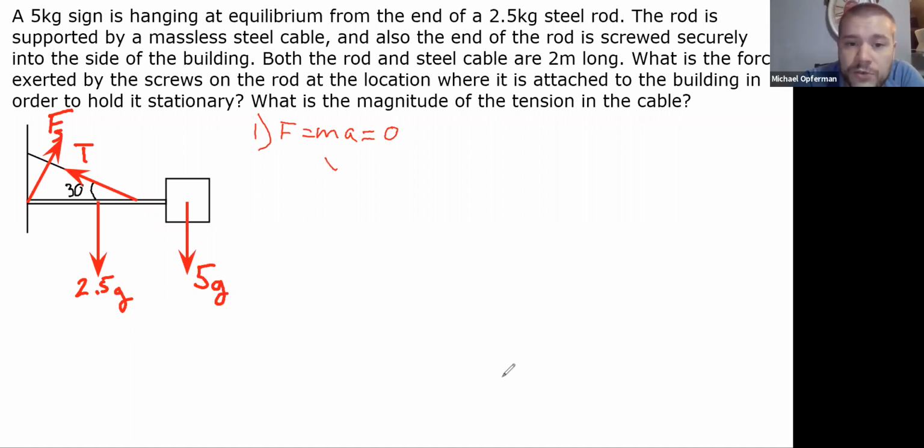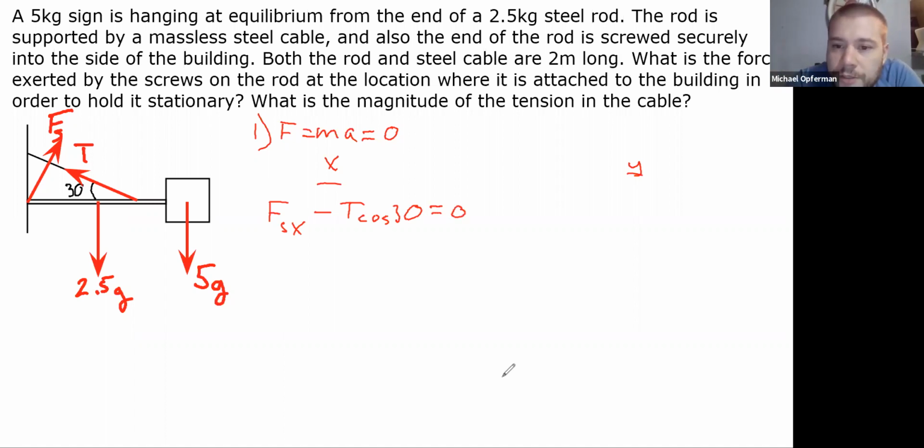So I'm actually going to have 2 F equals ma equations, one for x direction, one for y direction. So in the x direction, I'm going to have the x component of the screw force in the positive direction minus the x component of the tension force, which is T cosine 30. And so that's going to equal 0.